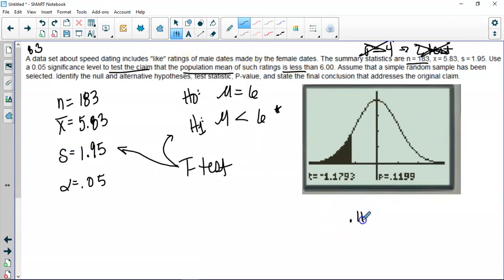Is 0.1199 less than 0.05? No. So I'm going to fail to reject again. But I have a different magic sentence, because this time my claim was the alternate. And it may seem a little silly, but when you run these tests, you always test the null directly.